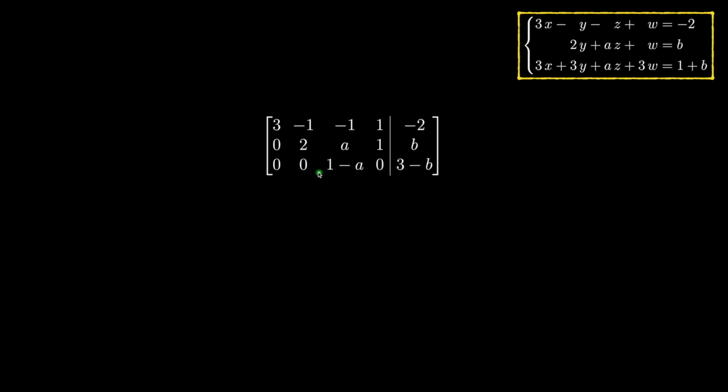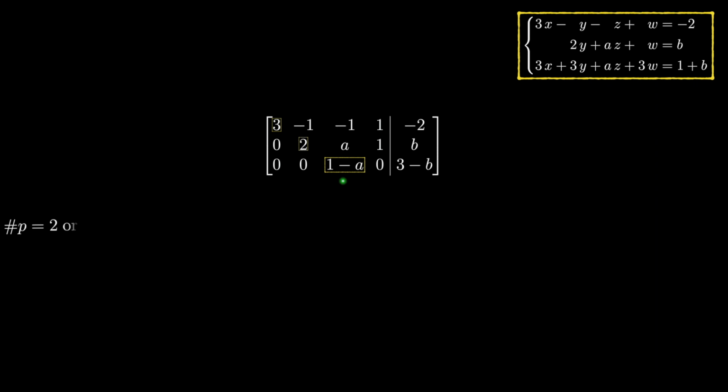So here we are certain that the number of pivots is either 2 or 3. 3 and 2 are pivots for sure, but 1 minus a is not certainly a pivot unless a is not equal to 1.